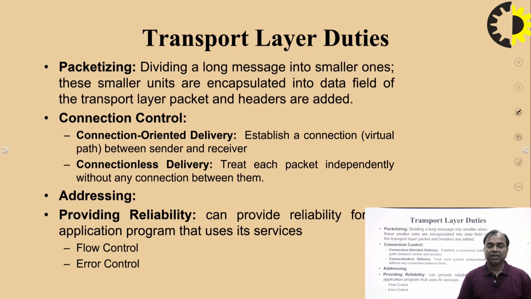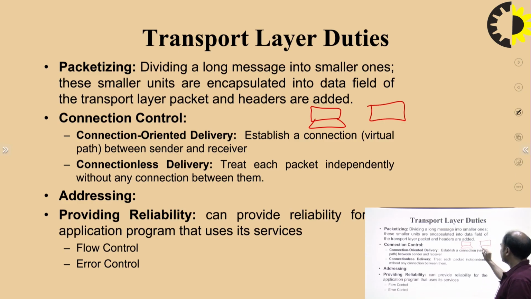Next is connection control. What is connection control? Connection oriented delivery means establishing a connection, a virtual path, from one node to another. In computer networks we can say system or node. When we connect two systems or nodes, we establish a virtual path between the sender and the receiver.